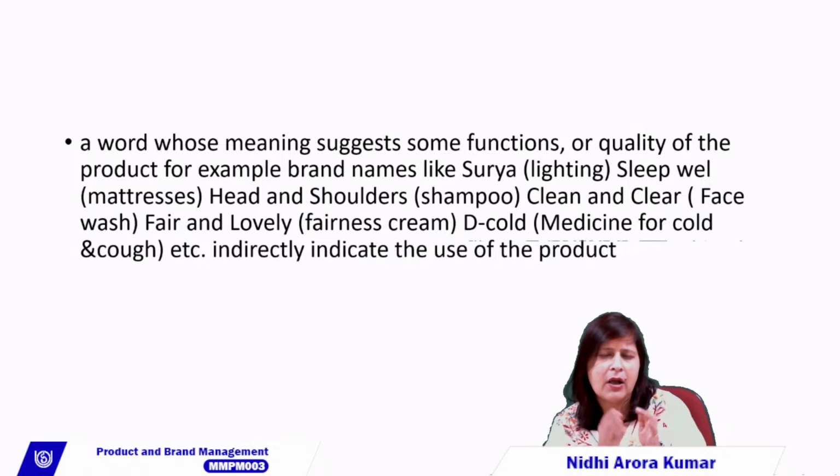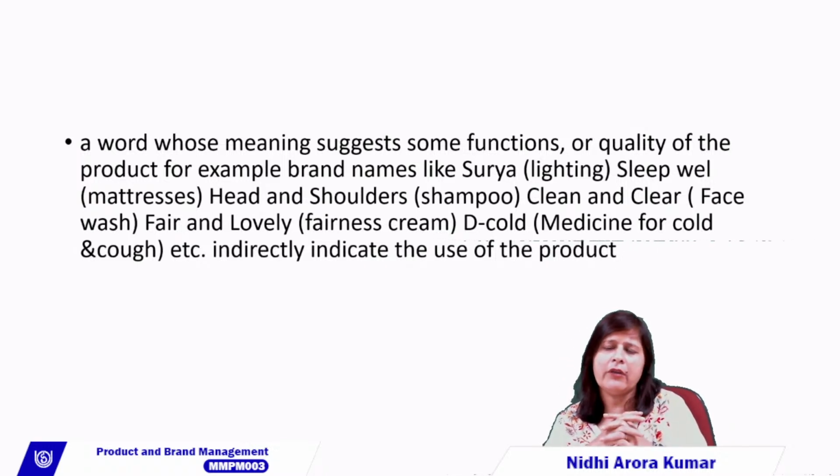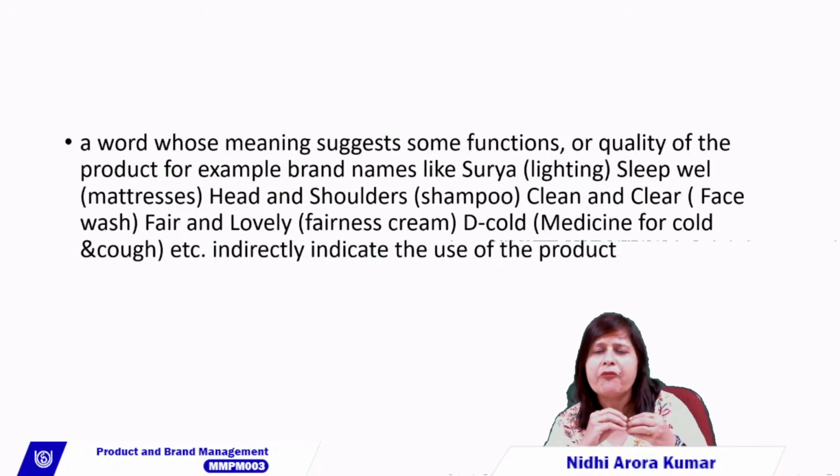So brand name, how could you select the brand? First, any name or word or symbol which suggests some function or the quality of the product, right? The quality attribute or the function of the product, then we can choose it as a brand, like Surya. Surya is what?